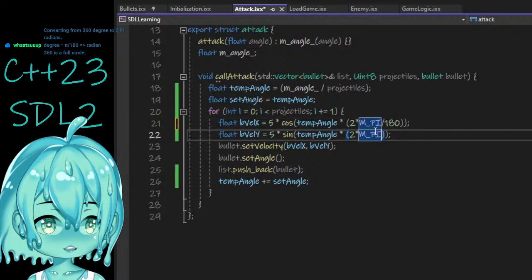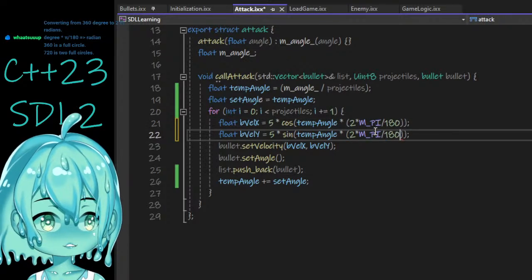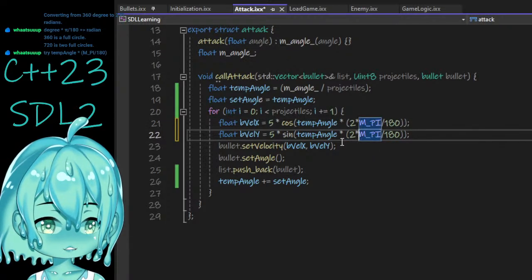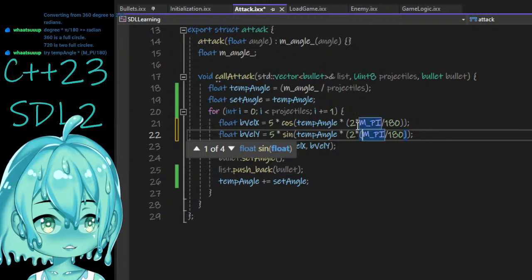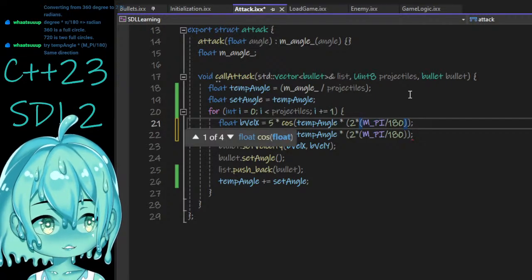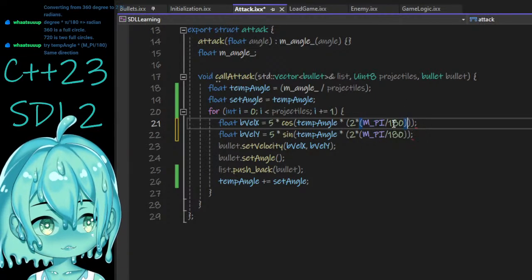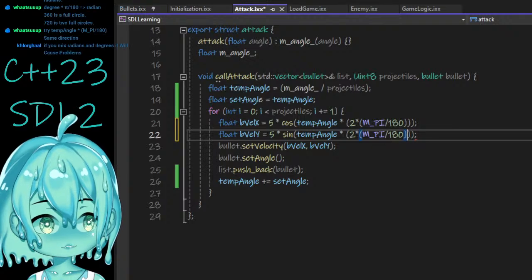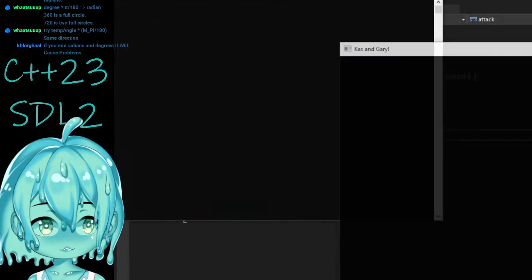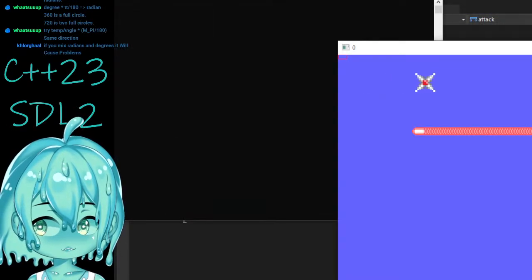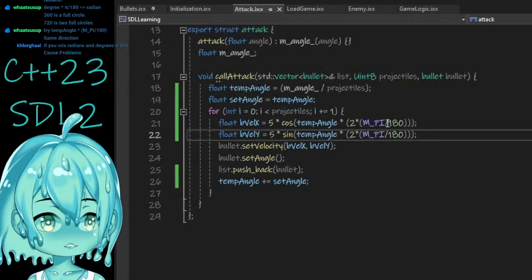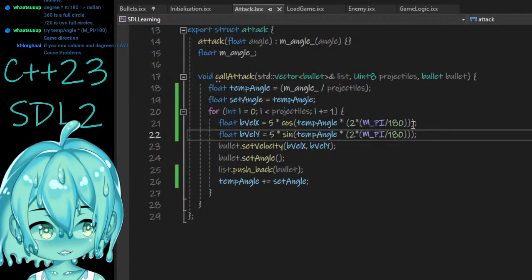We have to convert to radians though, right? Why are we only shooting 1 stream?